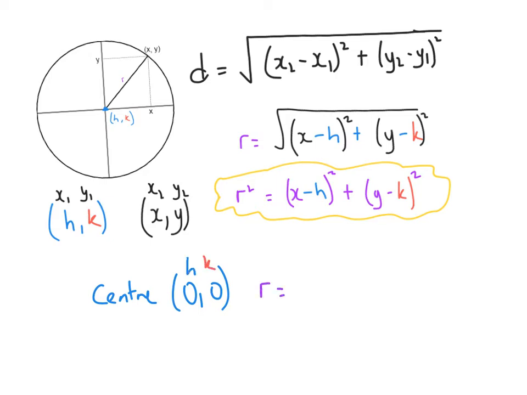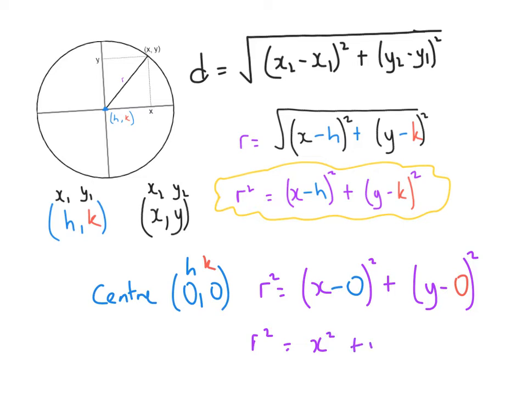So r squared in this case is equal to x minus 0, all to be squared, plus y minus 0, all to be squared. And that's r squared. So r squared is equal to x squared plus y squared. Okay, so that's another important formula we're going to use.